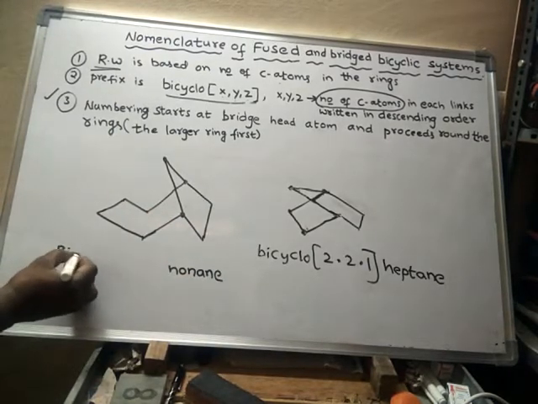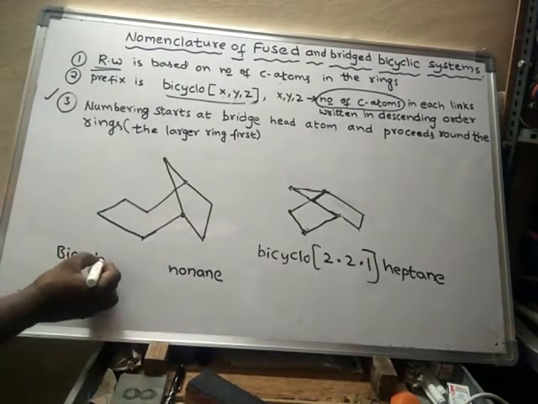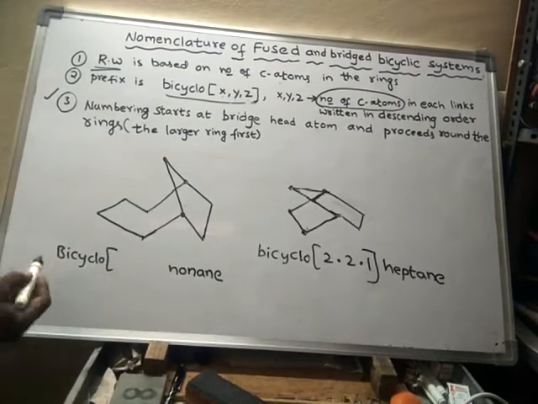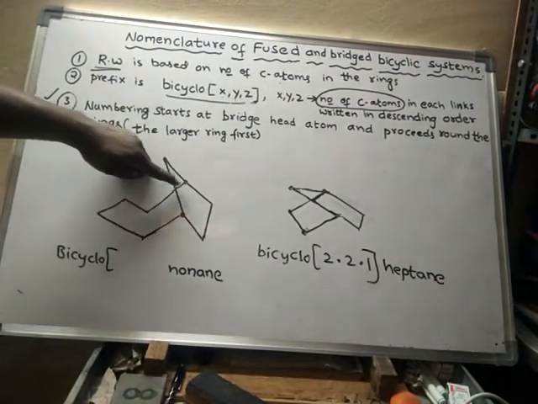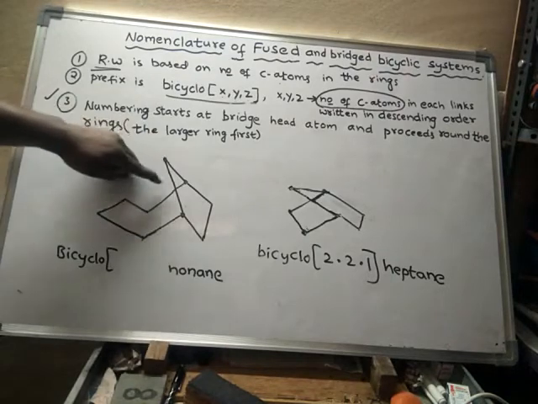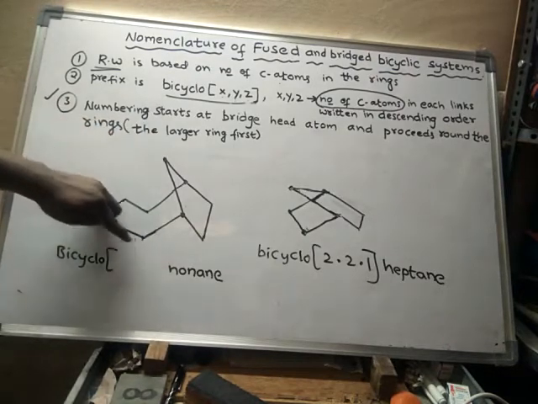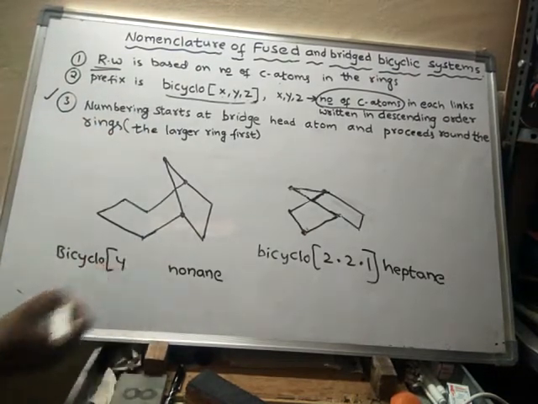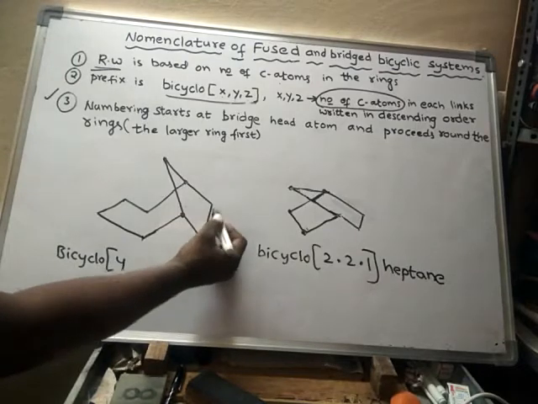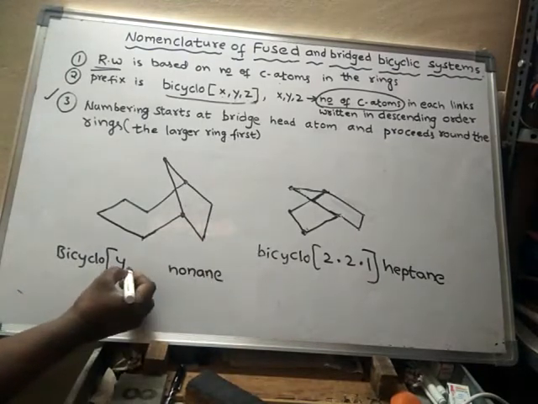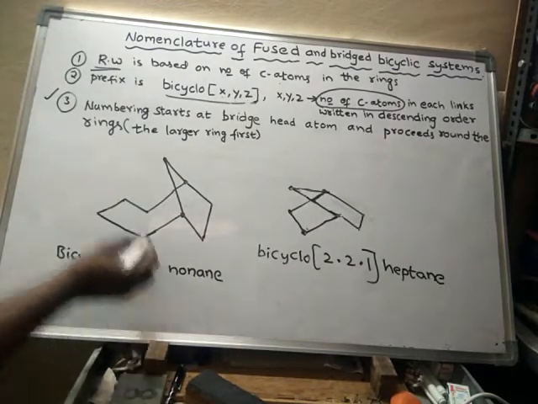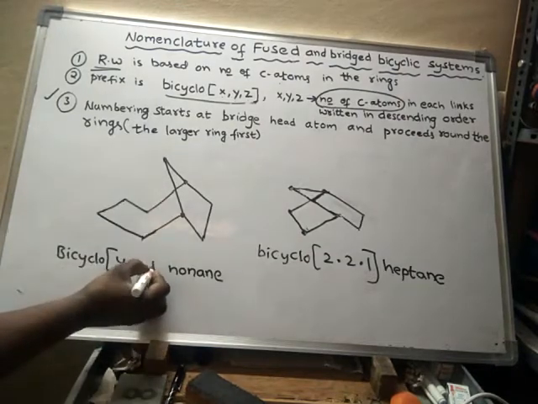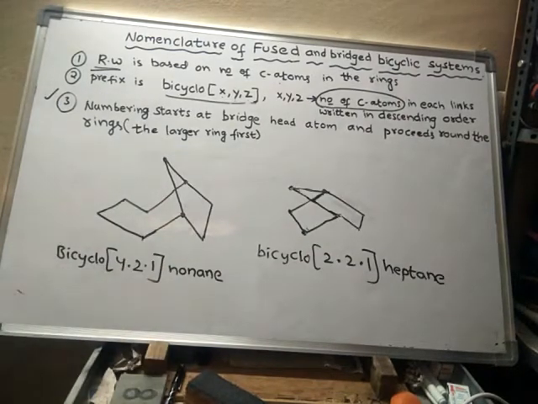Bicyclo, in the bracket, this is the larger link: 1, 2, 3, 4 carbons are there. This contains a 2 carbon link, 4.2, and this is a 1 carbon link. So this is the name of the compound.